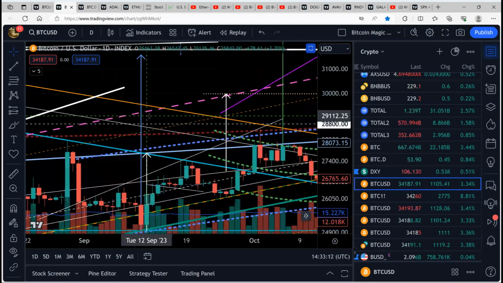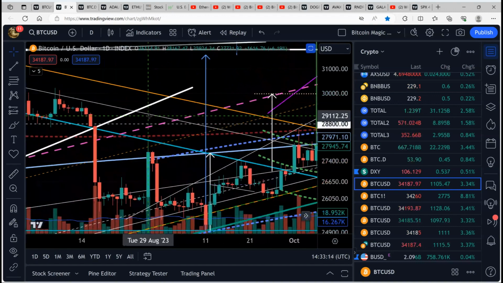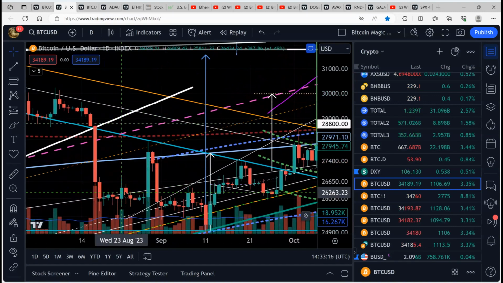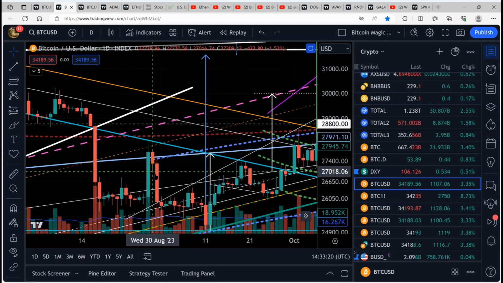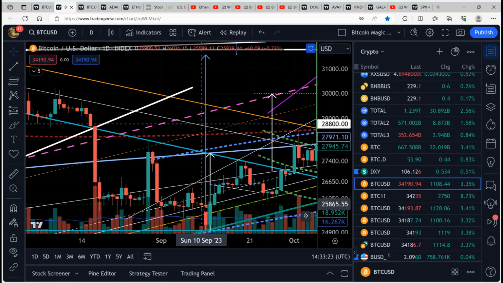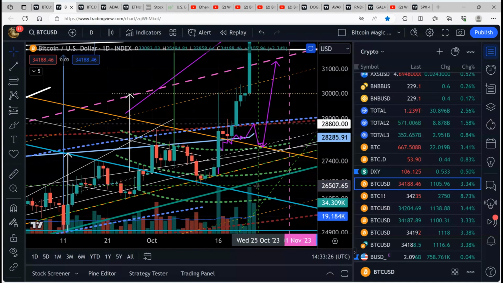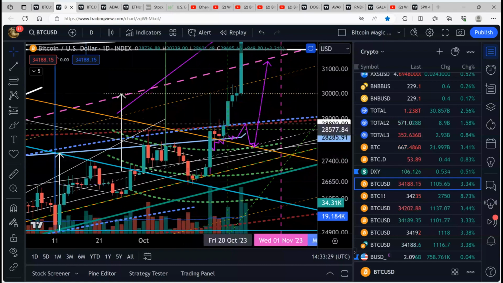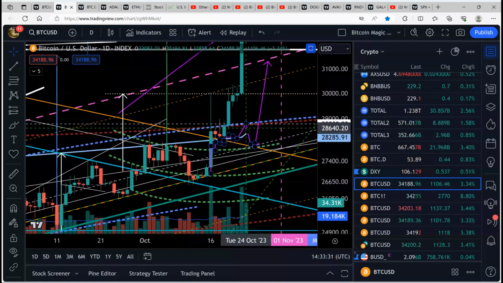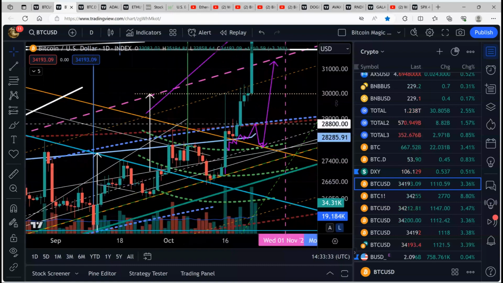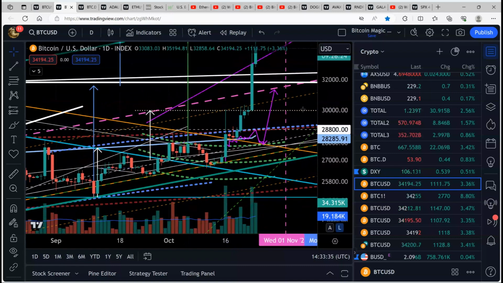The sideways, boring, boring, boring sideways action for months and months and months, where people buy down here and sell up here, and buy down here and sell up here, and they keep doing that, and they got the mentality where they sell.